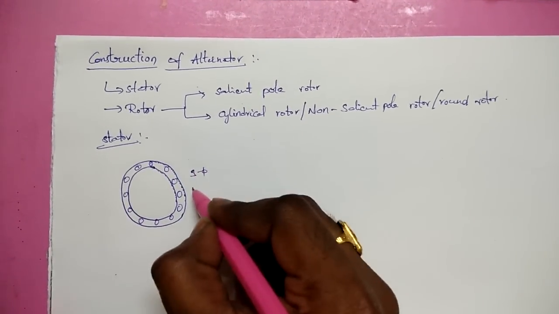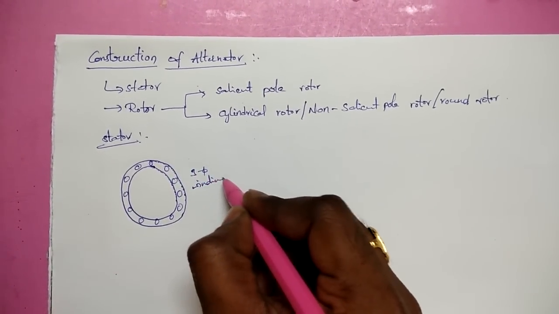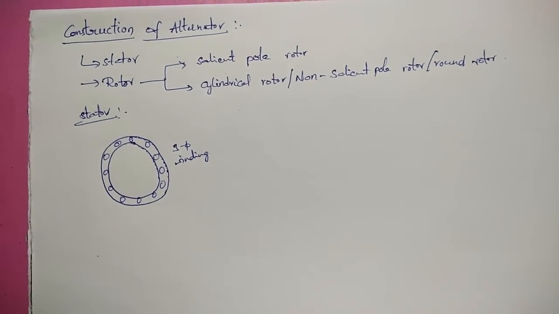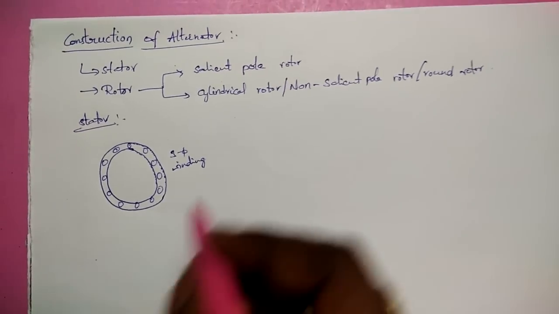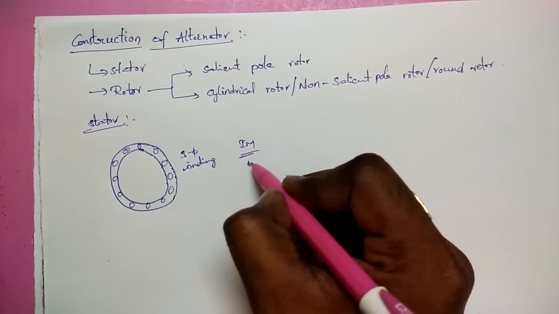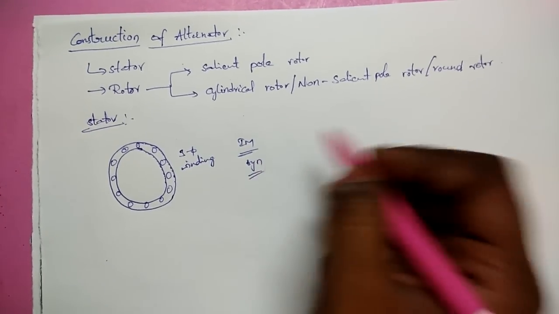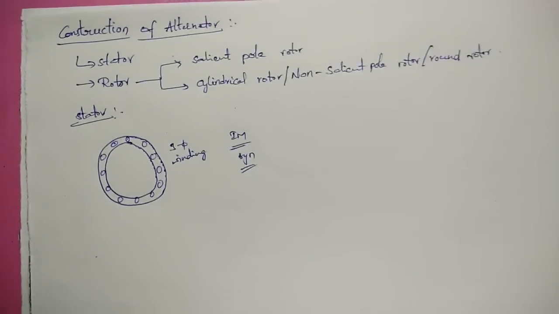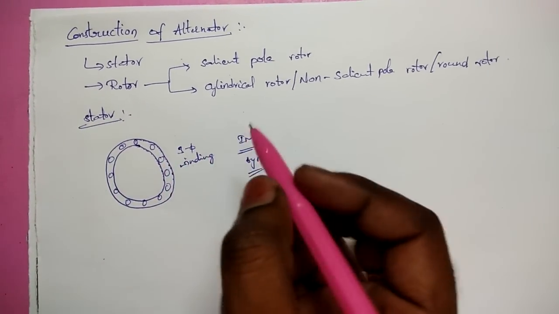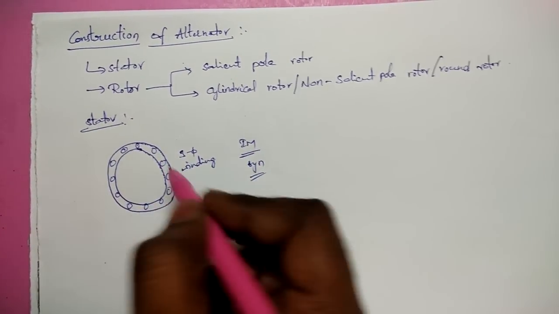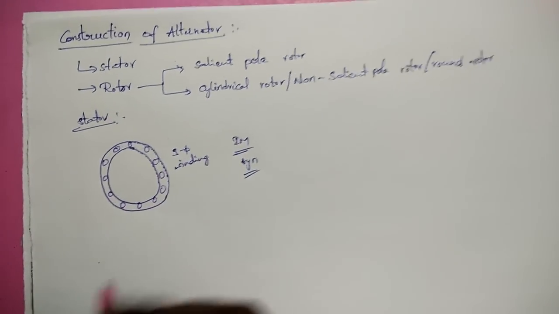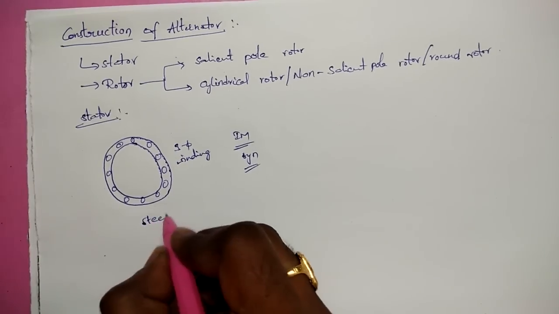The construction of the stator of an alternator is the same as the stator of an induction motor. The material used to make it is steel.